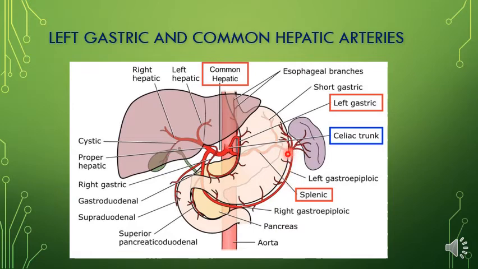Okay, so along the greater curvature you will see anastomosis between two arteries, the right gastroepiploic and left gastroepiploic. Along the lesser curvature of the stomach you will see anastomosis between the right gastric and the left gastric. Right? Then the gastroepiploic arteries provide branches to the stomach, and epiploic branches are given to the greater omentum.